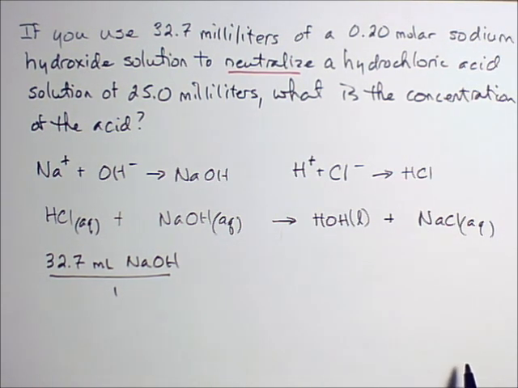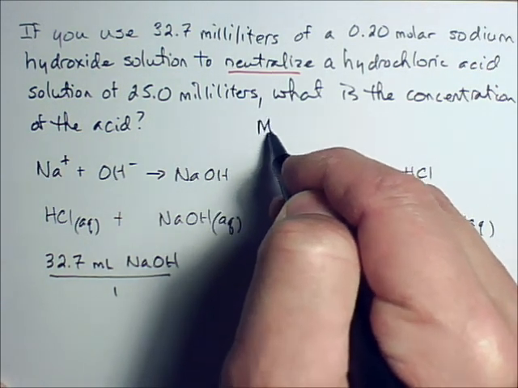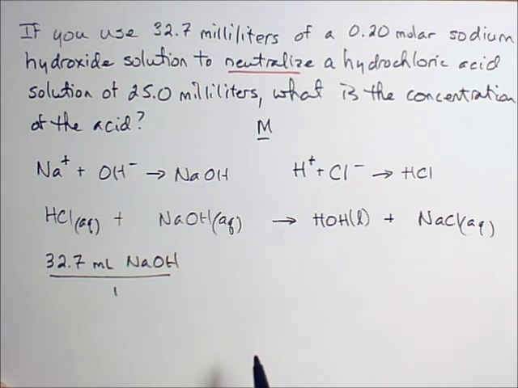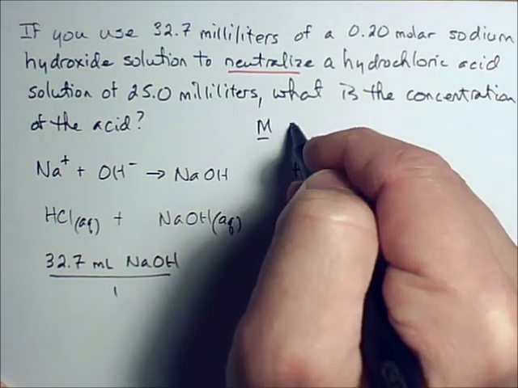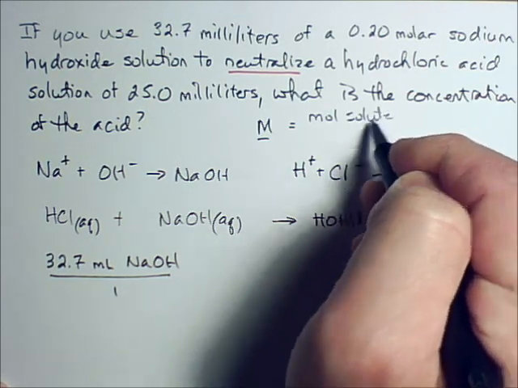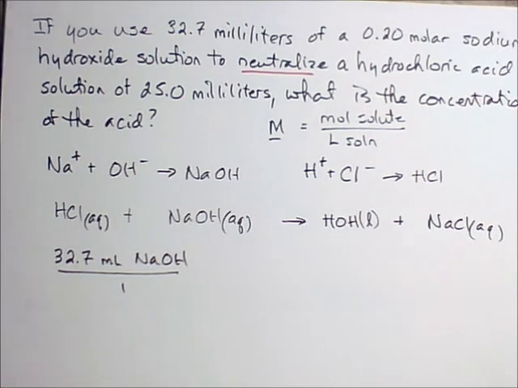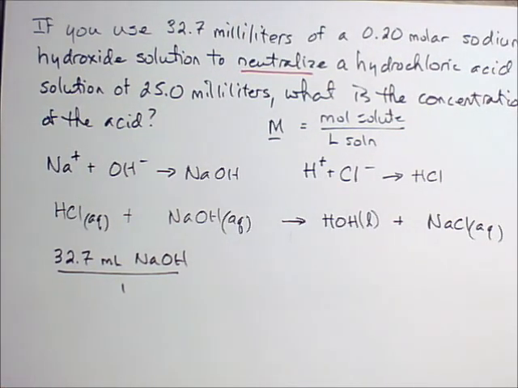This is where you got to know that molarity, molar concentration, is in moles of solute over liters of solution. You've got to know that. We learned to calculate molarity previously.